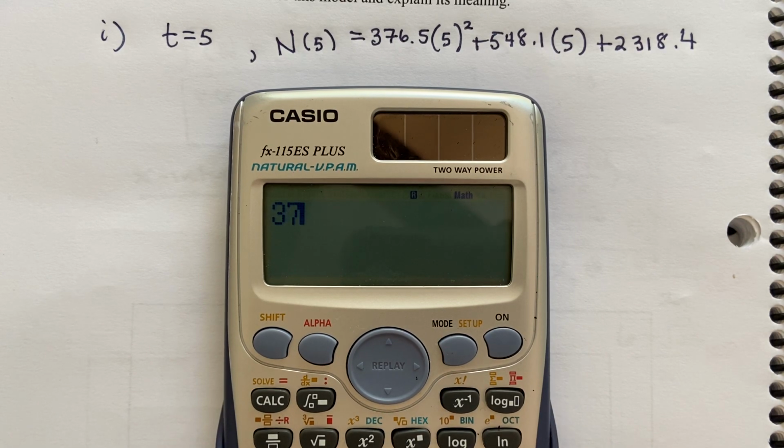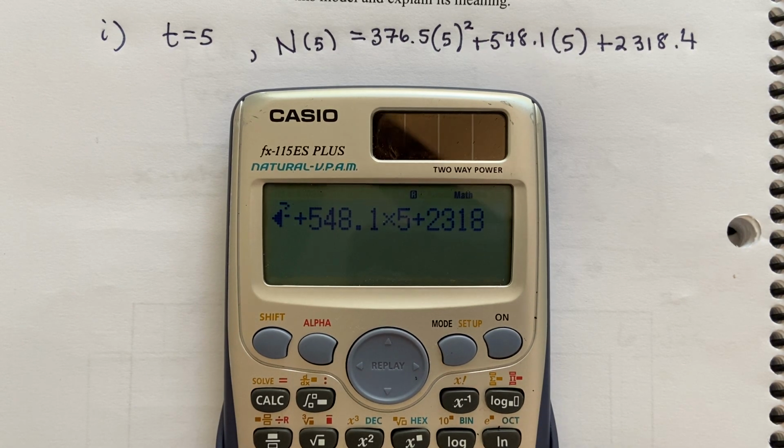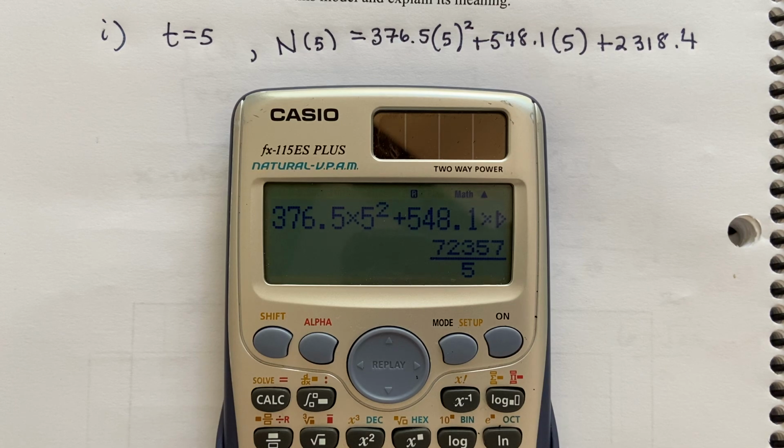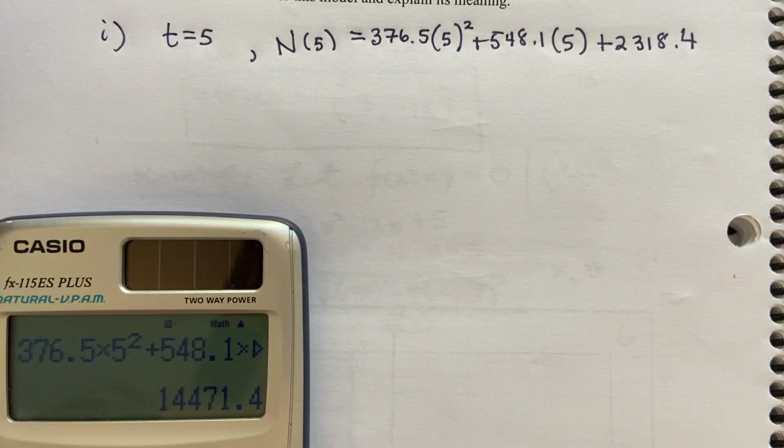So 376.5 times 5 squared plus 548.1 times 5 plus 2318.4. So I'll write it this way, 14,471.4.